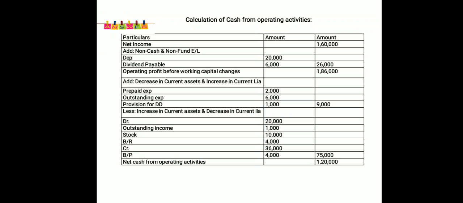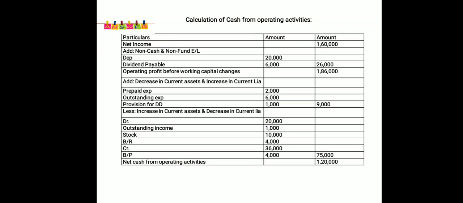All these are current assets which are increasing, so we are deducting them. And then creditors and bills payable are decreasing, so again we deduct them. These two are your current liabilities. After adjusting all these, we make the total and write the amount in the outer column, that is 75,000.